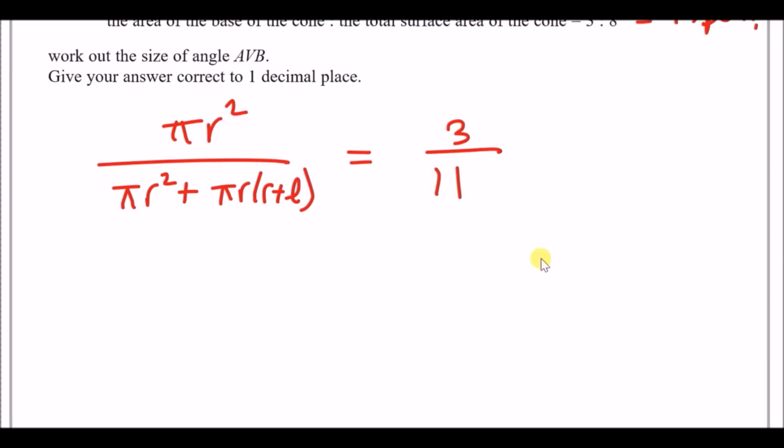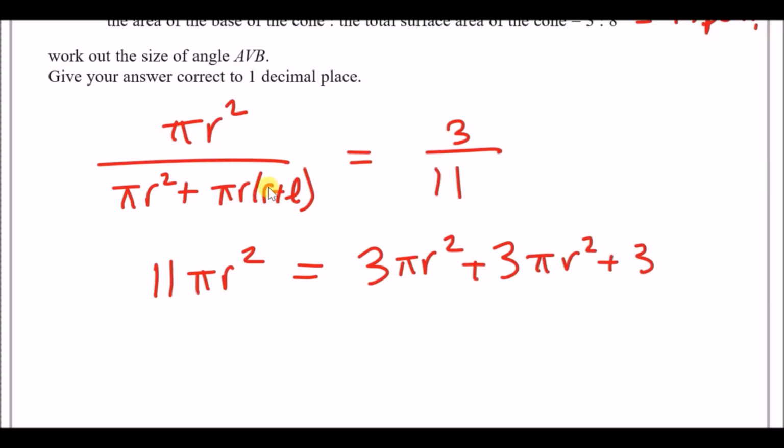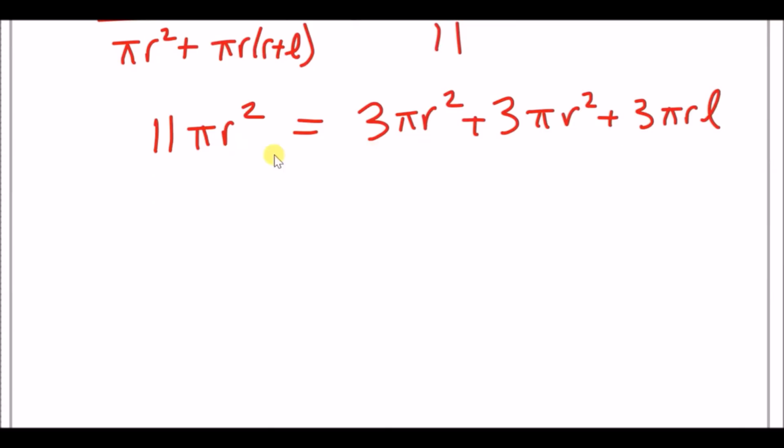What we could do is multiply across to clear the denominators. So we're going to have 11 times pi r squared equals 3 times these at the bottom. So 3 times pi r squared plus 3 times pi r l. I basically expanded this and multiplied it by 3. Let's collect like terms.